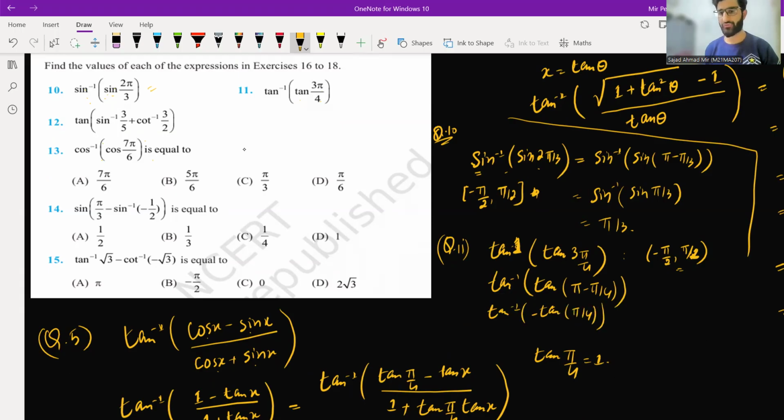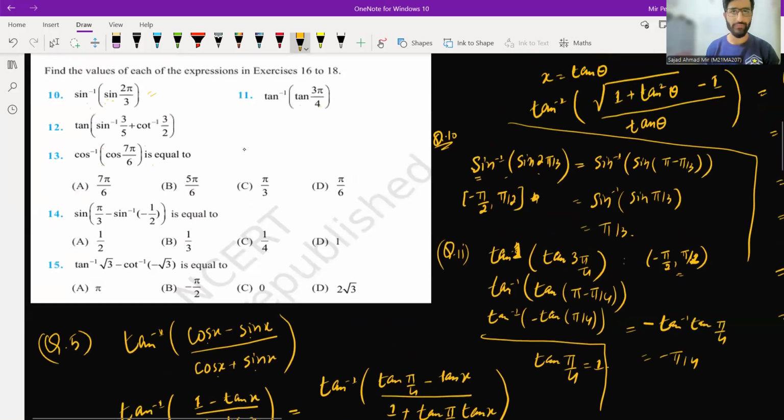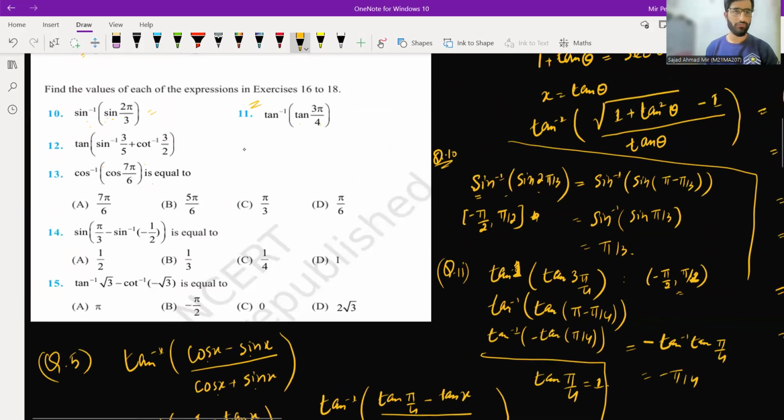Here we should know that for inverse trigonometric functions, tan inverse of minus x is minus tan inverse of x. So we get minus tan inverse of tan of pi by 4, which is minus pi by 4. So that's the value for this part. Now let's go to question number 12.